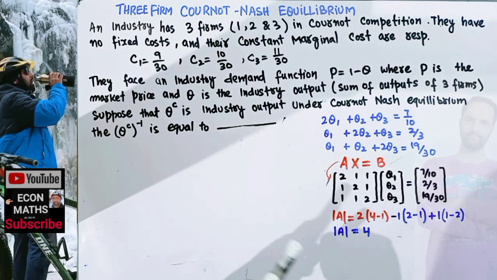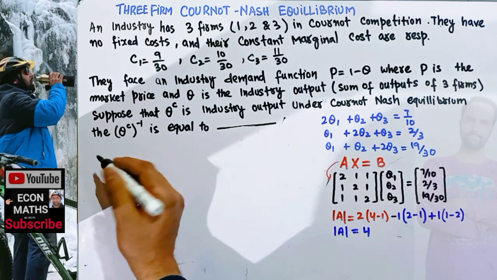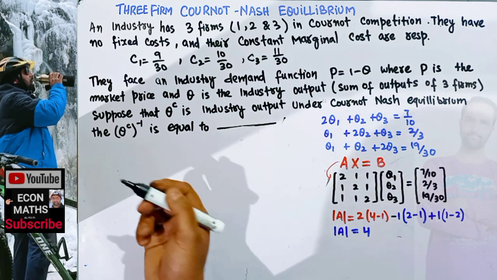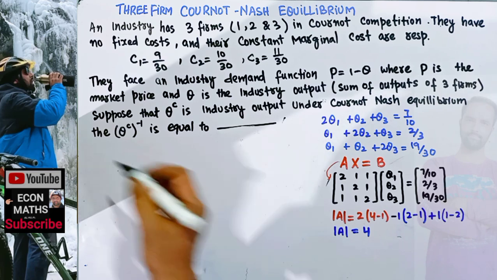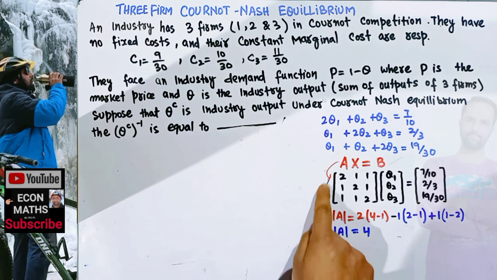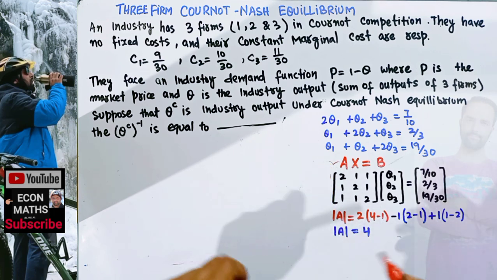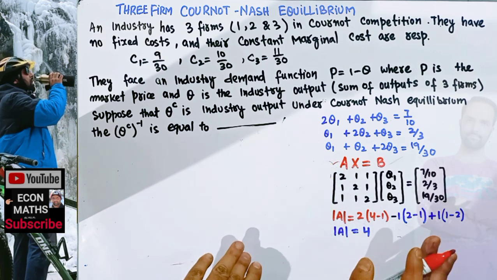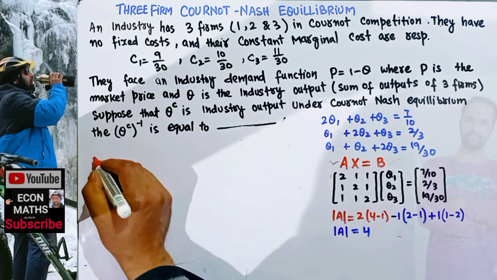Now to find the value of Q1, the optimal quantity of Q1, what will we do? I will not write here, I don't have the luxury of so much space. To find the value of Q1, we form a new matrix, and let me write it here.